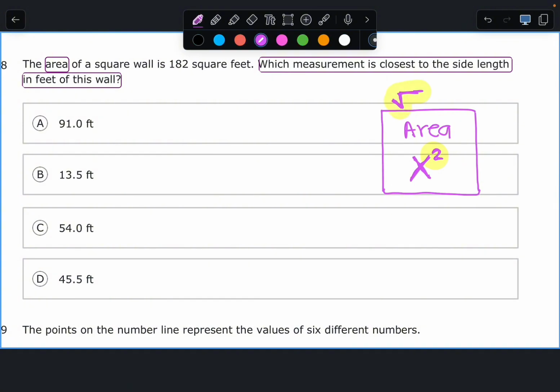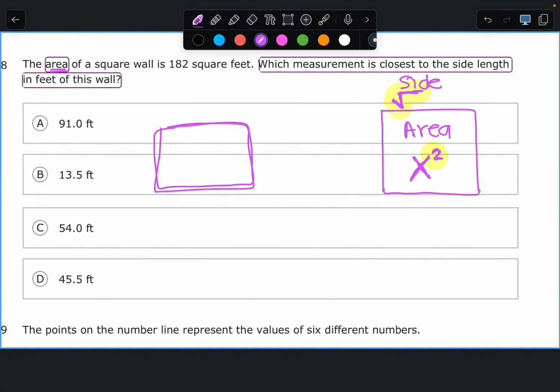Also, you see that square root symbol on the what? On the side of the box. So, in other words, to find the side of a box or the side of a square, what do you do? Square root. So keep that in mind as we're answering this question. It says the area of a square wall. So here's my square wall.